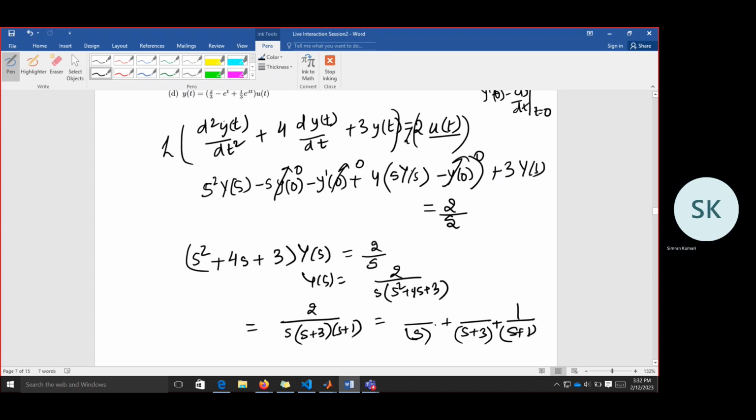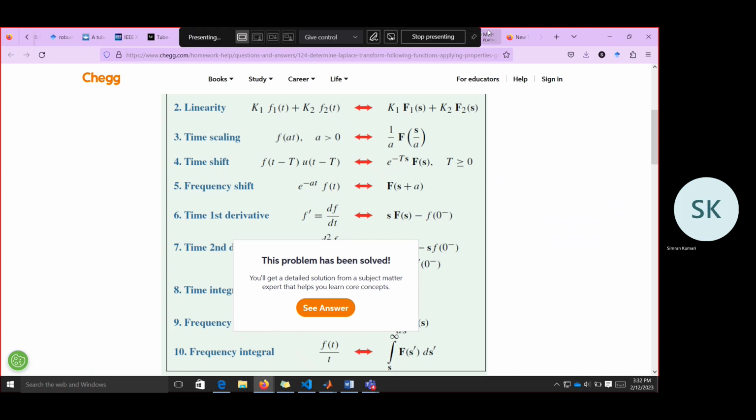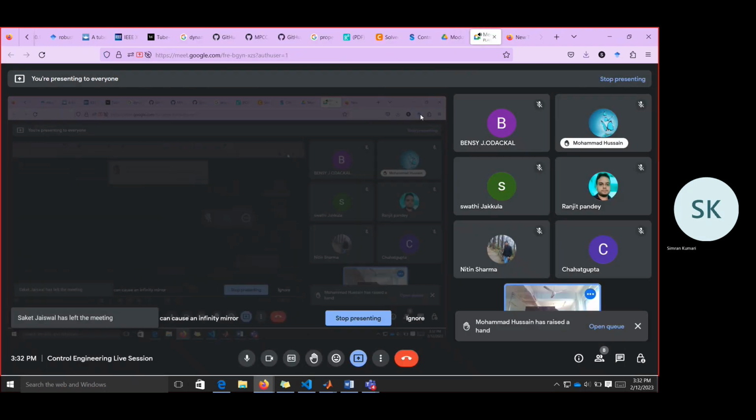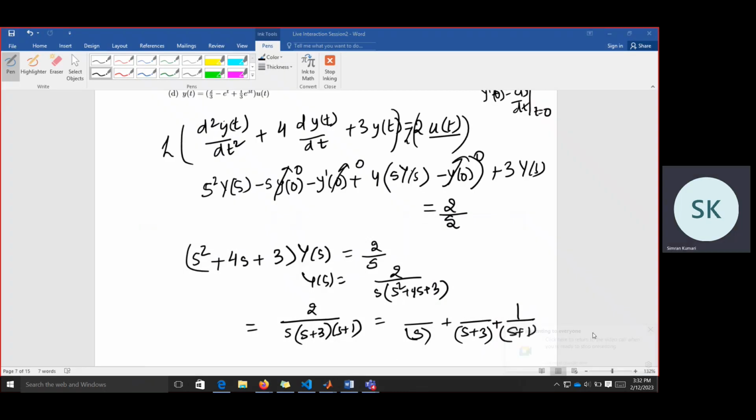That we have to see. So what should I write here? What should be the value? Or we can do what? We can simply say that suppose these are A1, A2, A3.